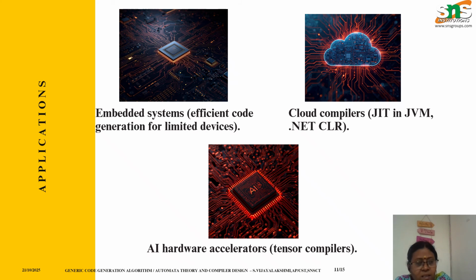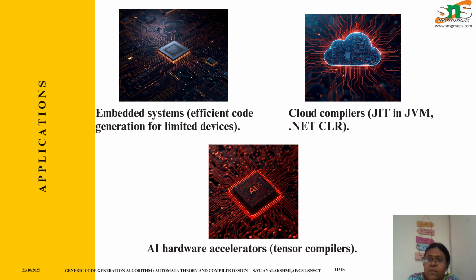Then applications: embedded systems, efficient code generation for limited devices. It is also used for cloud compilers, JIT in JVM, and also AI hardware tensor compilers that generate optimized GPU or TPU code.